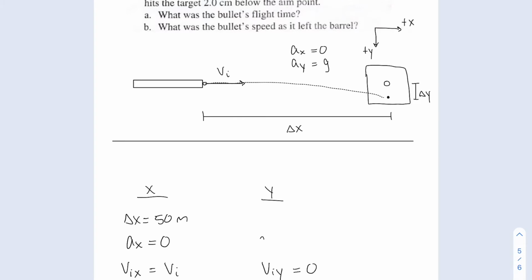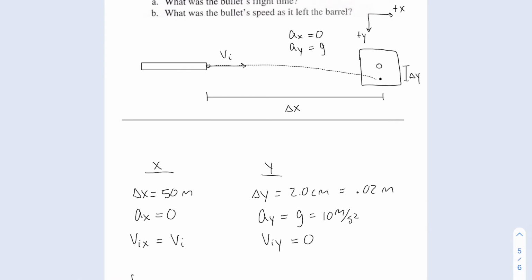In the y direction, we know acceleration is equal to g, and we'll just use 10 for that. And we know that delta y is equal to 2 centimeters, which is equal to 0.02 meter. And I think that's all we know.